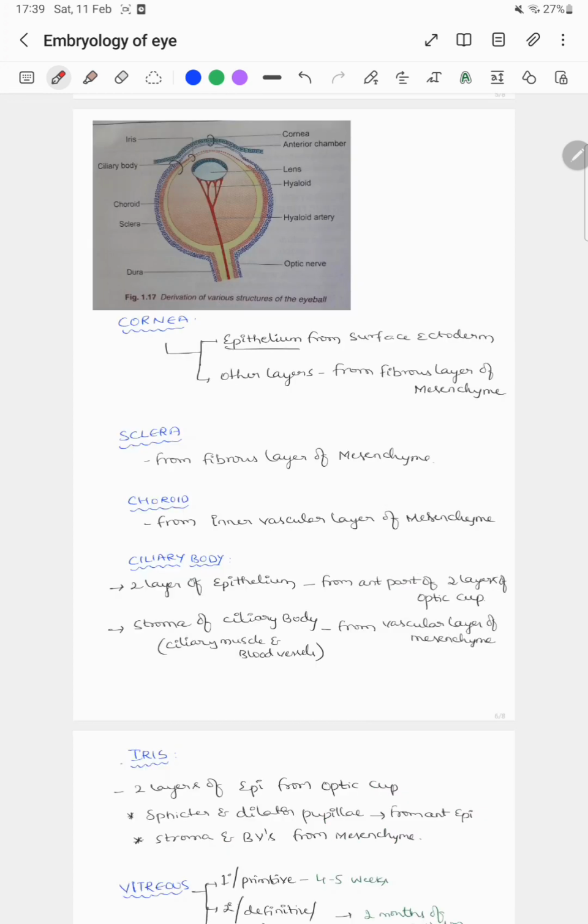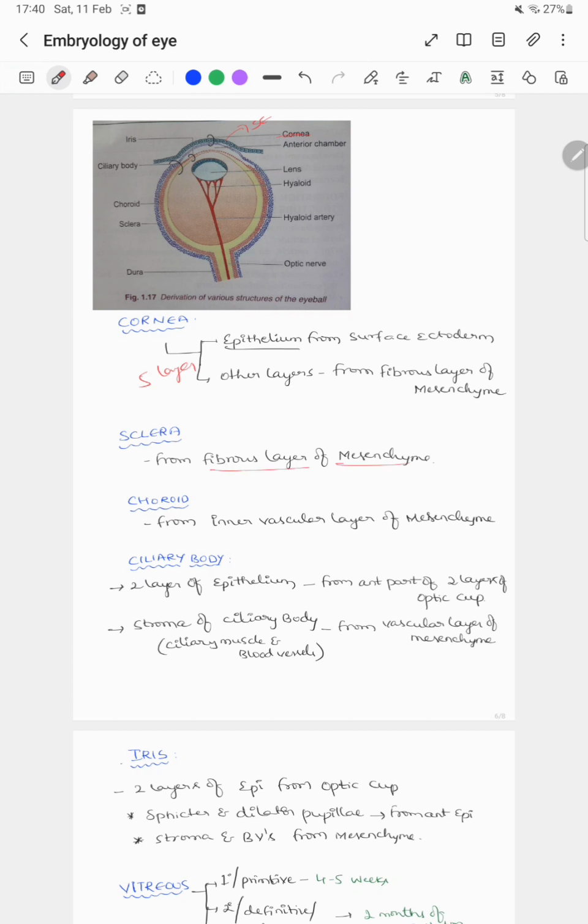Next, cornea. The cornea has a total of 5 layers, of which the epithelium is formed from surface ectoderm, and the inner stroma and descemet's layers are formed from the fibrous layer of mesenchyme. Here you can appreciate the cornea. We can see the cornea continues posteriorly as sclera, and this is also formed from the fibrous layer of mesenchyme.